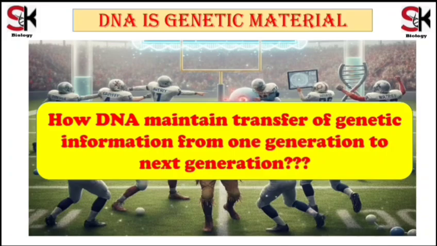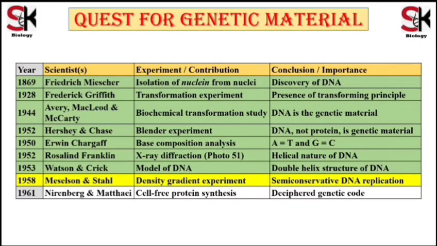How does DNA control heredity? This question was answered by scientists Meselson and Stahl. By density gradient centrifugation, they discovered that DNA replication is semi-conservative. Let us understand their experimental details.